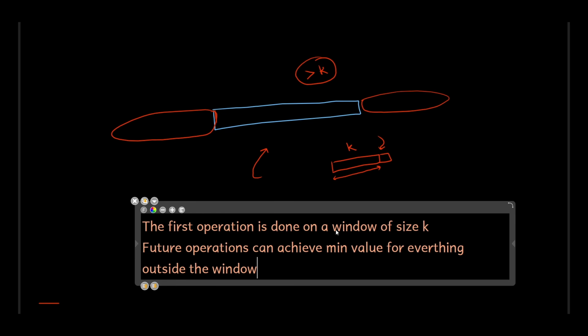So now which k length window do you choose? If we have come this far, we don't really need to be greedy and try to choose the fancy looking k length window. We can just try out all of the windows, right? If this is an array, you have to choose one window for sure and pay the penalty for it, right? So you try all the possible windows.